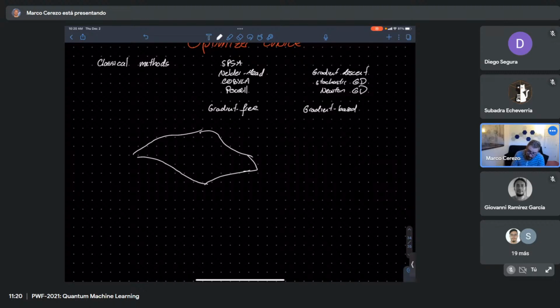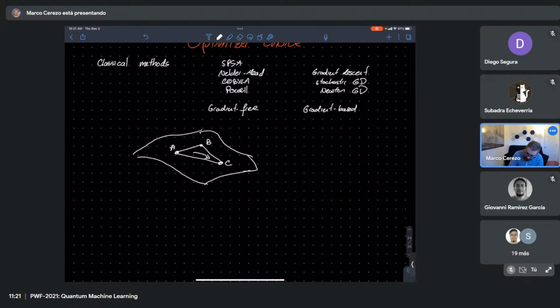So for instance, the Nelder-Mead method sets a number of points over the landscape given by a simplex, and it's going to compute the cost function at point A, point B, and point C. And then it's going to determine which one of those points has the smallest cost function value, and then it's going to transform the simplex to start moving in that direction. So it's going to be moving the simplex around, comparing different points in the landscape, trying to see which is the direction that takes it down the best, right?